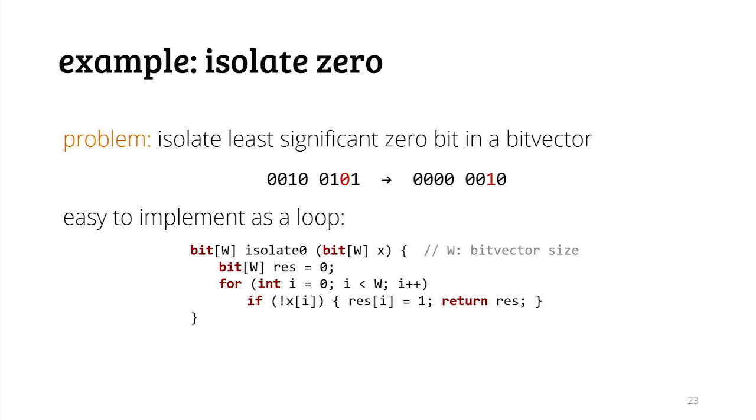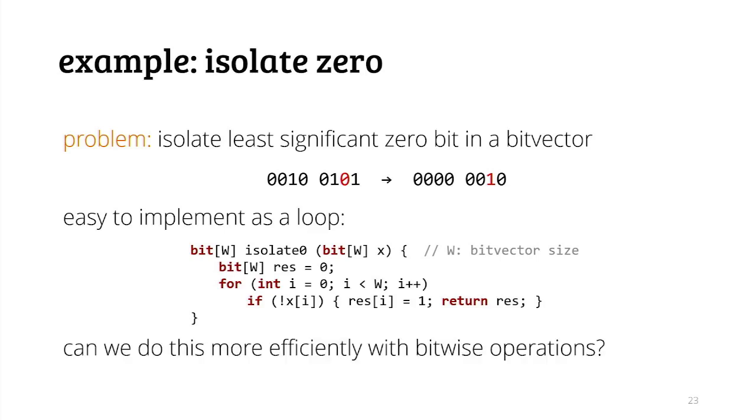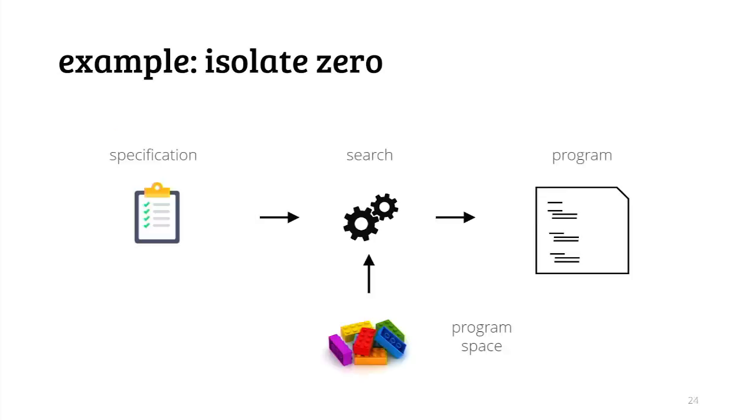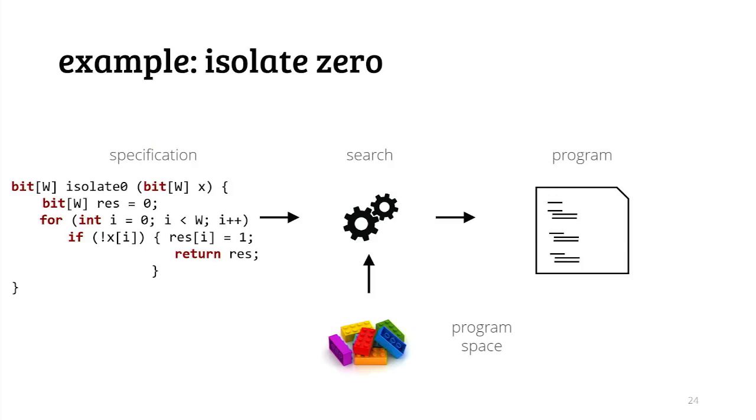But this program is not entirely satisfactory because it iterates over all the bits, and we would like to do it more efficiently just using bitwise operators, right? So basically, the setup here is, as a specification, we are using this loop. And then we are saying, well, the program space is such that you're not allowed to use the loop.